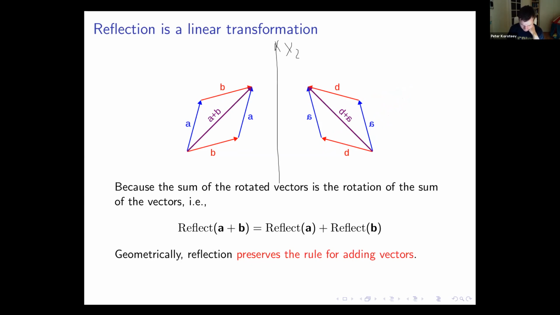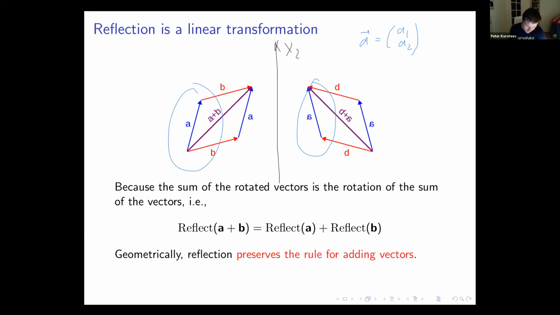Say vector A had components A1, A2 before the reflection. The x2 projection stays, but the x1 projection switches sign. Here A has a positive x1 projection, and after the reflection it has a negative x1 projection.